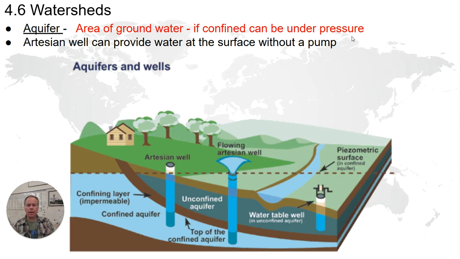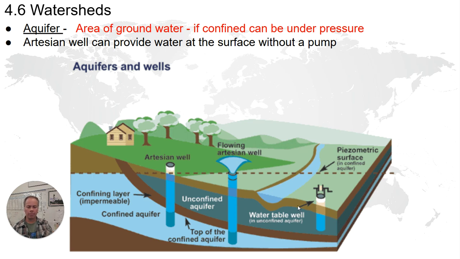When we think about groundwater, we often refer to what's called an aquifer. An aquifer is an area of groundwater, and humans often access this water in aquifers. This model shows different types of aquifers and how humans get to that water. What we have here is an unconfined aquifer. It doesn't have a layer containing it.